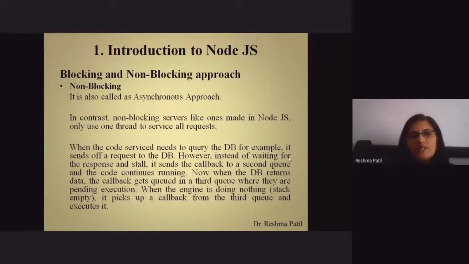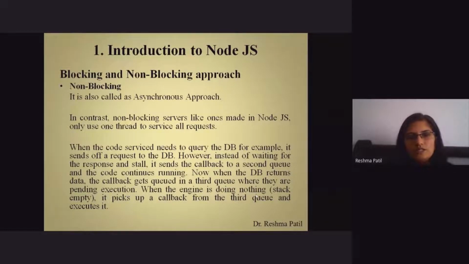However, instead of waiting for the response and stalling, it sends a callback to the second queue and code continues running. It will take the second request for execution. Now, when the DB returns data, the callback gets queued in the third queue where they are pending execution. Means when that database request is complete, again it will give that response from database to the thread for execution of the next part of that process.